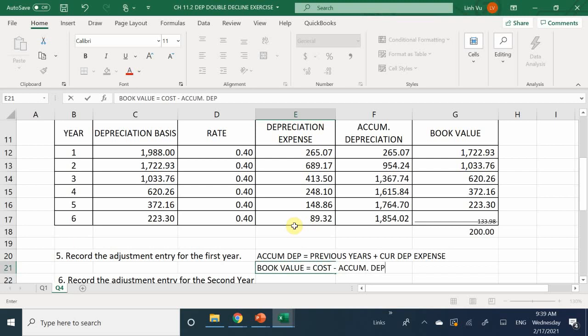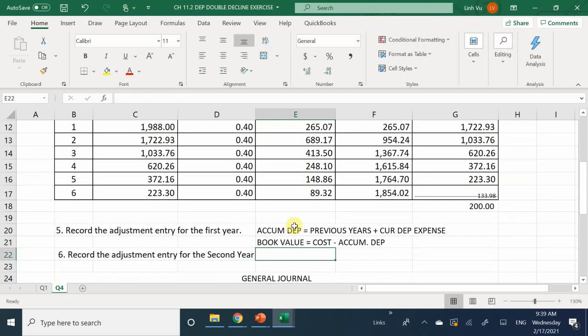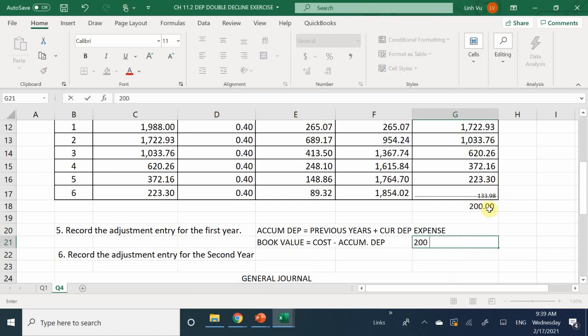So let's go ahead and solve that, because we know what my book value is and we know what my cost is. So what is my book value right now? What should it be? It should be 200. Good. And we know the cost of the asset. How much is the cost of the asset?